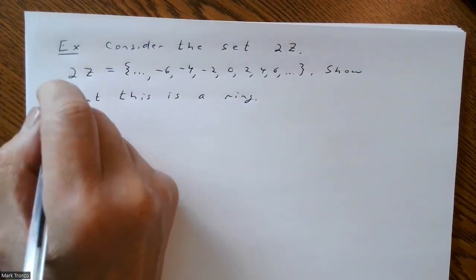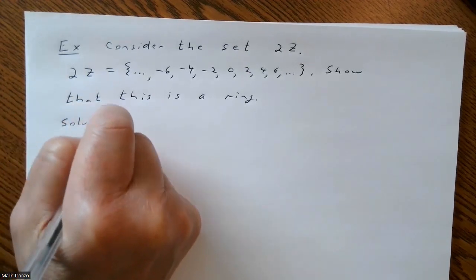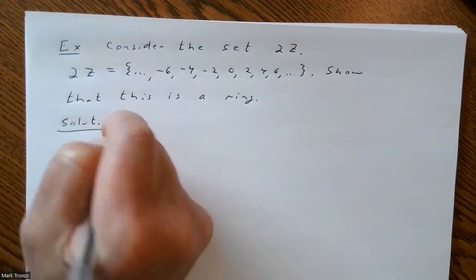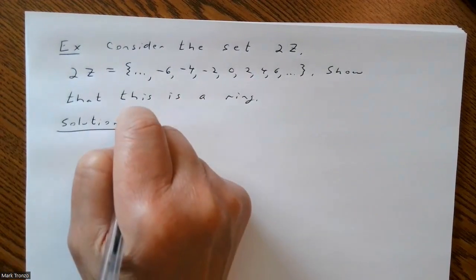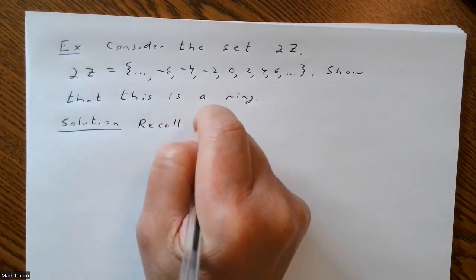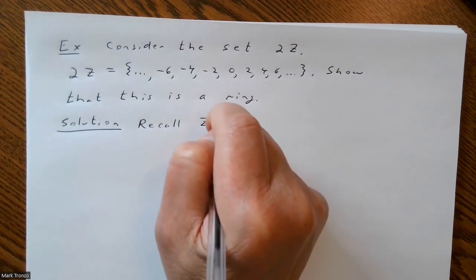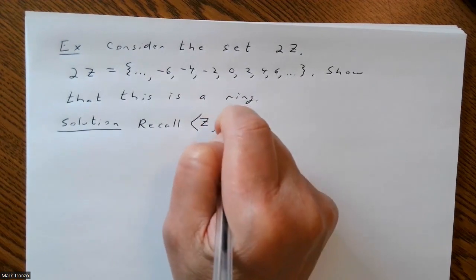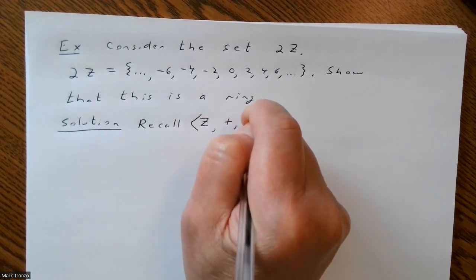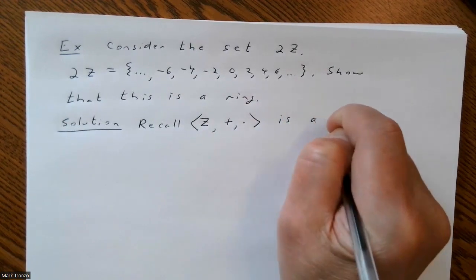Now we didn't actually prove it, so we probably should have, but we did state before, recall, that Z under addition and multiplication is a ring.